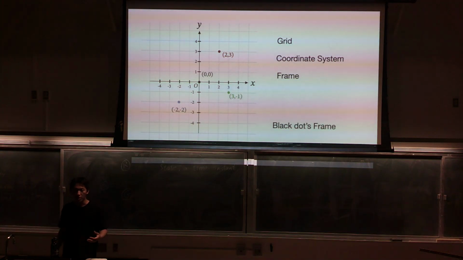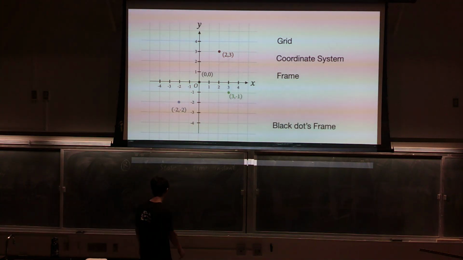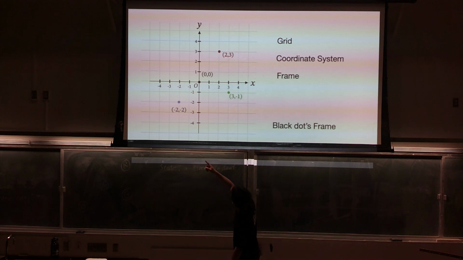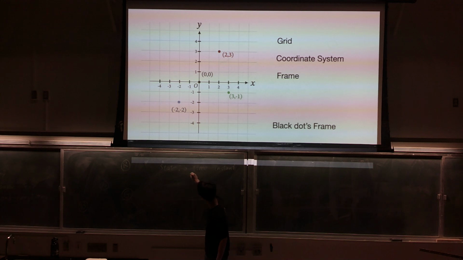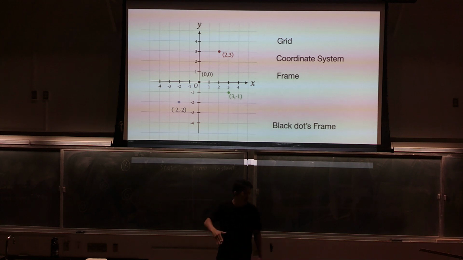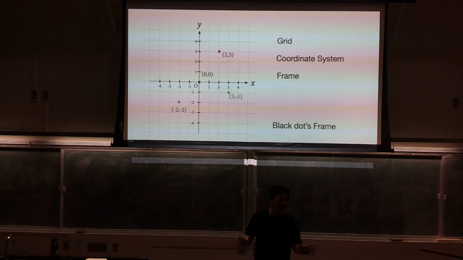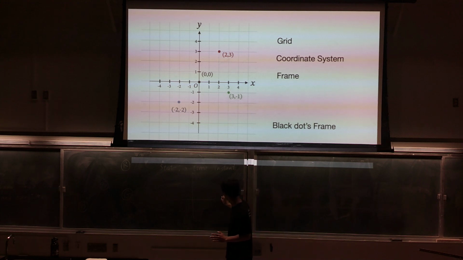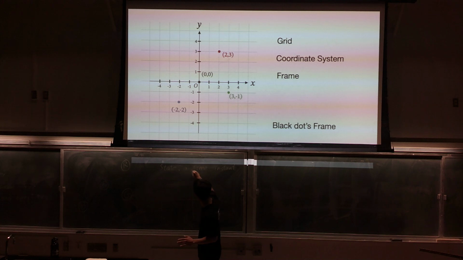So we just draw a horizontal axis and a vertical axis, just like the ABC streets and 1, 2, 3, 4, 5, 6 streets in downtown. But for ABCD, there's only 26 letters. We want to be more general. We want to go from very far minus to very far plus. So we use numbers for both of them. To distinguish them, we call the horizontal one X, the vertical one Y.